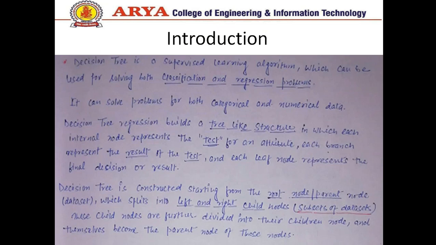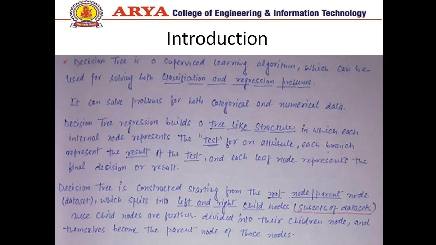So here today we will discuss decision trees in supervised learning, that is the second chapter of machine learning. A decision tree is a supervised learning algorithm which can be used for solving both classification and regression problems.